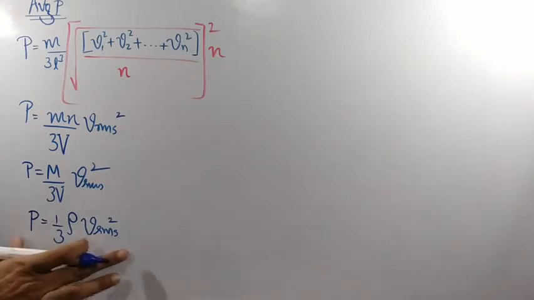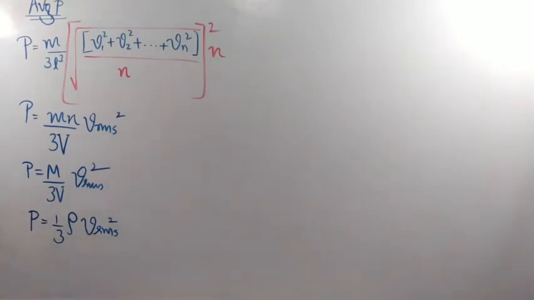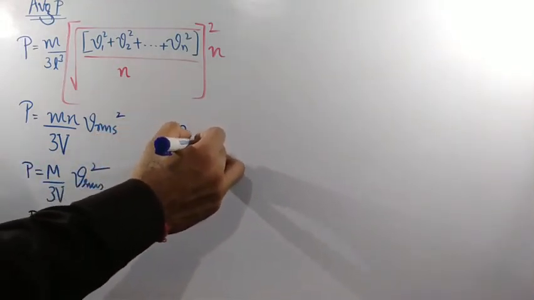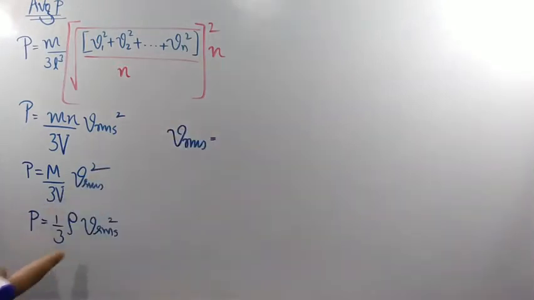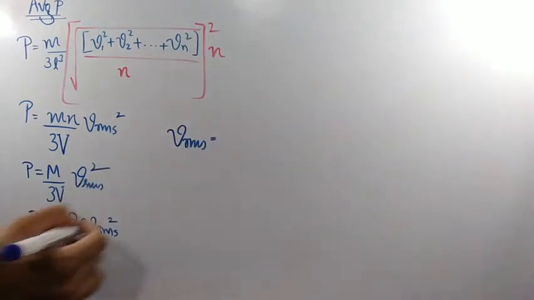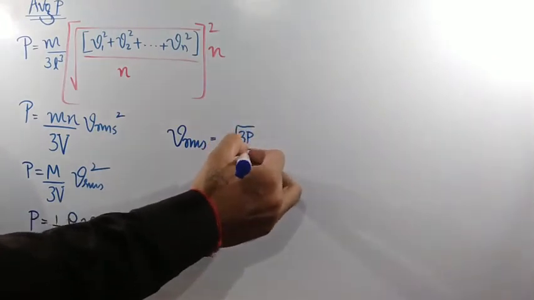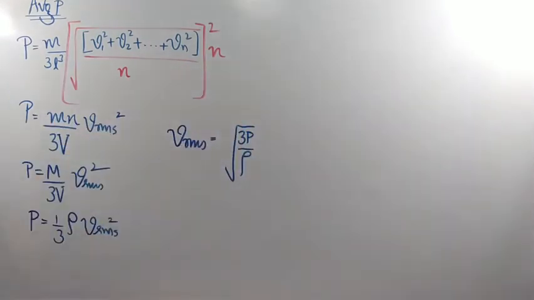So from this, if we want to calculate the value of VRMS, just cross multiply and you are going to get the VRMS value. So VRMS will be equal to the square root of 3P by rho. 3P by rho is inside the root. Shall we go to the next point?